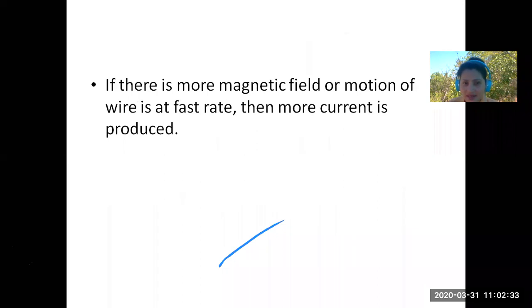You can increase the strength of the magnet, or you can increase the motion, that is the force. Either way, there will be more current.